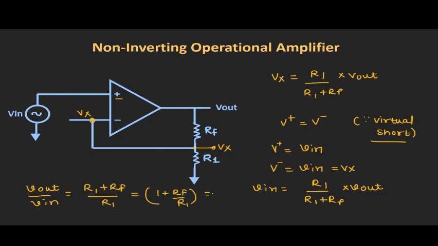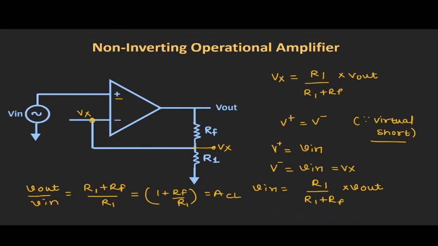So this will be the closed loop gain of this non-inverting OpAmp configuration. So in non-inverting OpAmp configuration, the relation between the output and input is equal to 1 plus Rf divided by R1. So in this configuration also, just by controlling the value of Rf and R1, we can control the gain of this OpAmp.